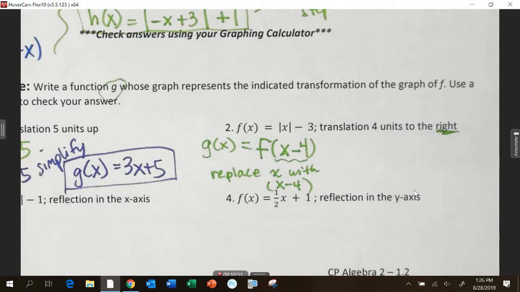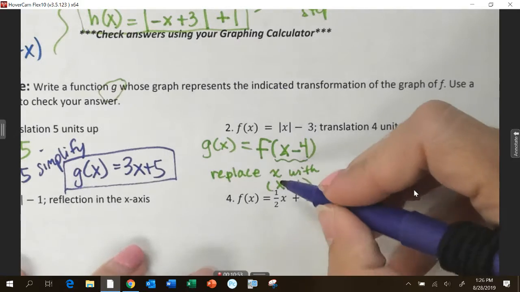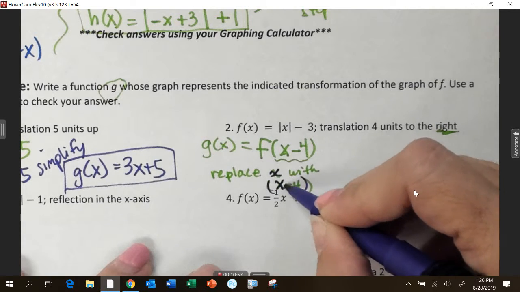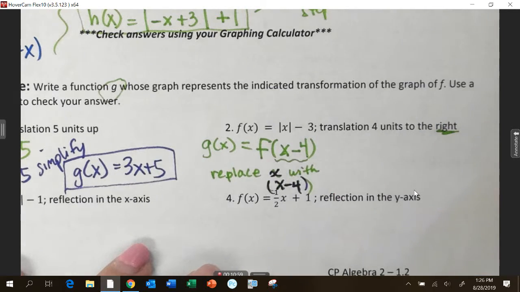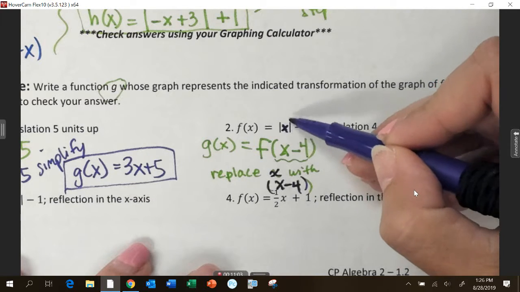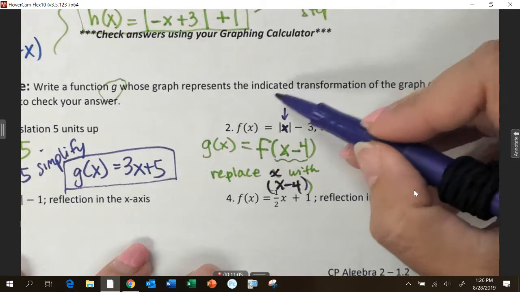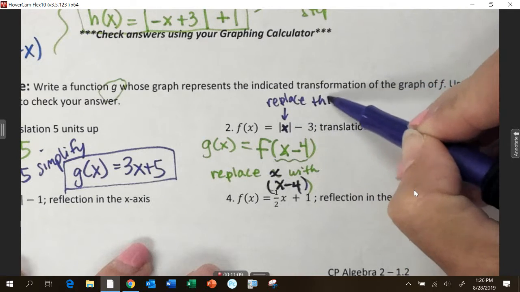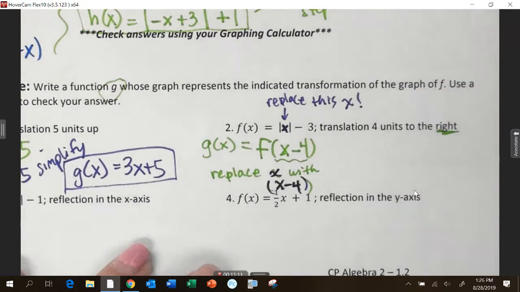So the question is, what x am I replacing? Way up here in the f equation. This is the x we're replacing. Replace this x.